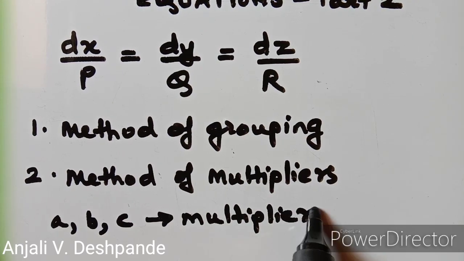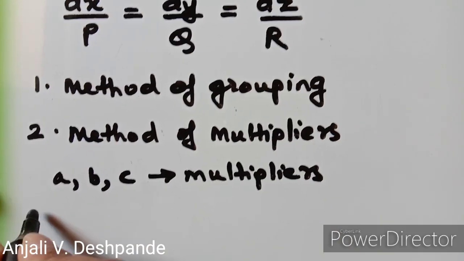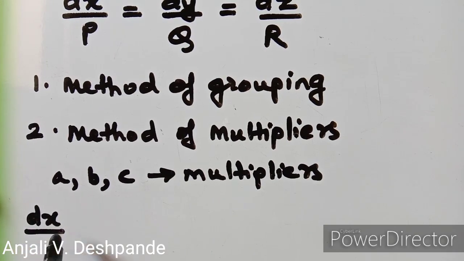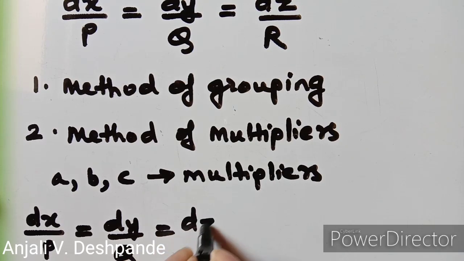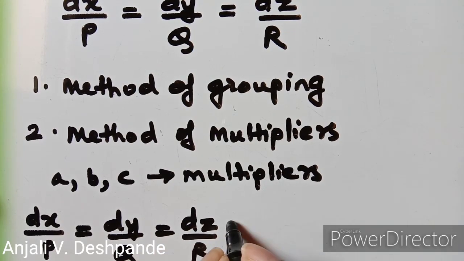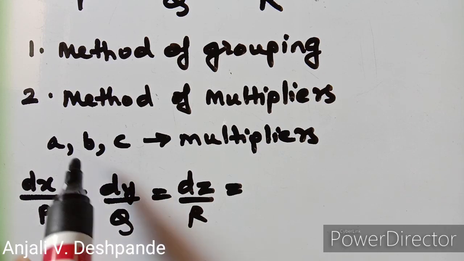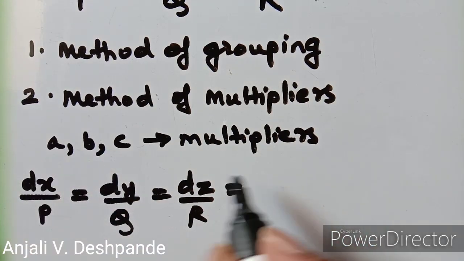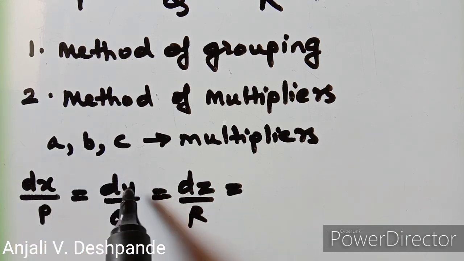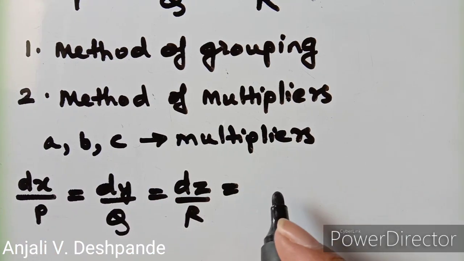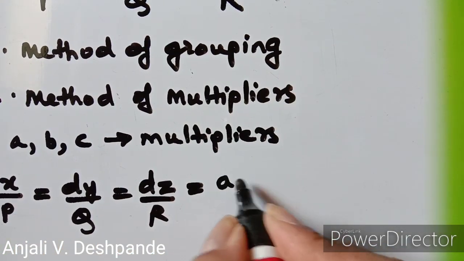Then in this case, what we are doing is, dx by p is equal to dy by q is equal to dz by r is equal to, now we are multiplying each of these. So a is being multiplied by the first fraction, then b by the second, then c by the third, and then we are going to add all this.